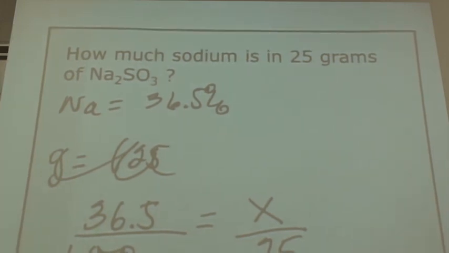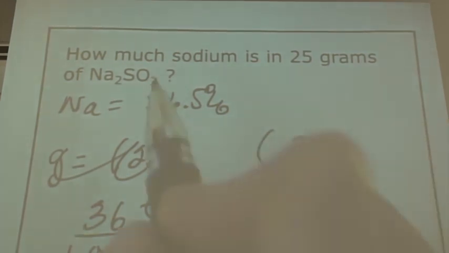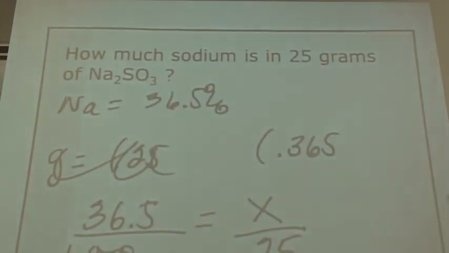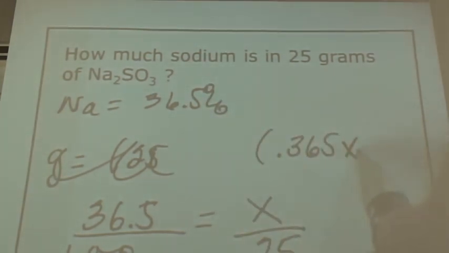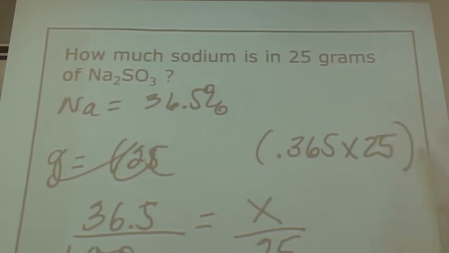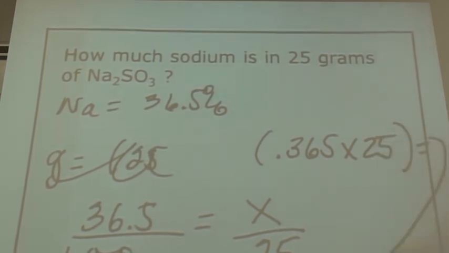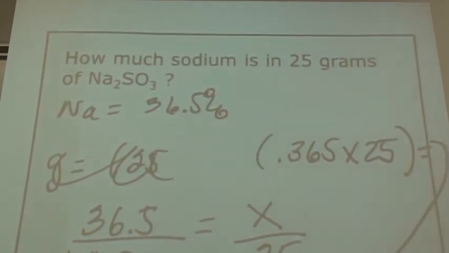Yeah, I like your way. I would have taken 0.365. Anytime I use a percentage in math, I divide by 100 to get rid of the percent sign, and then multiply by 25 grams, and I better come up with the exact same answer.